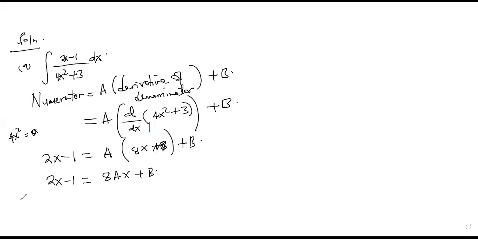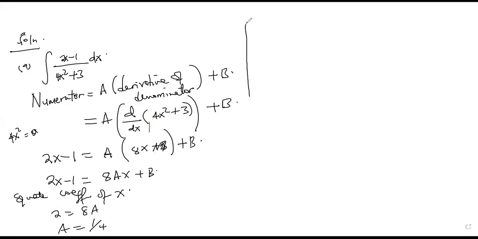On this side you have 8A and on this side you have 2. Or someone can set x as 0 to get B, so whatever. Let me equate coefficients of x: this side we have 2 and this side we have 8A, implying that A is a quarter.